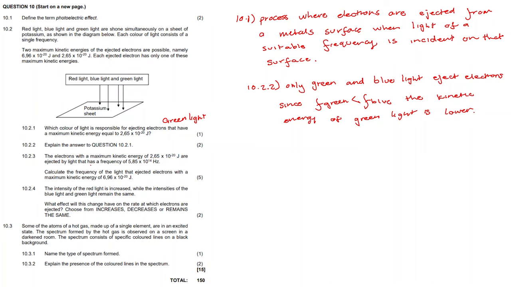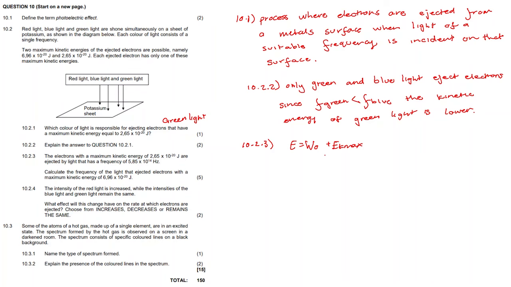Question 10.2.3. The electrons with a maximum kinetic energy of 2.65 times 10 to the negative 20 joules are ejected by light that has a frequency of 5.85 times 10 to the 14 Hz. Calculate the frequency of the light that ejected electrons with a maximum kinetic energy of 6.96 times 10 to the negative 20 joules. To do this, we can say that the energy is equal to the work function plus the maximum kinetic energy.